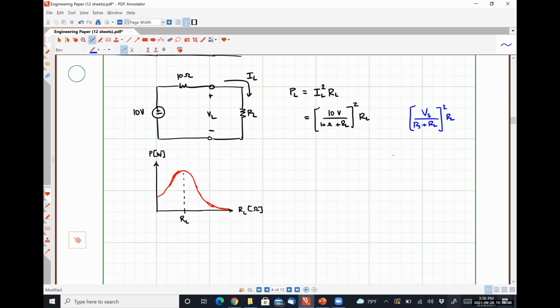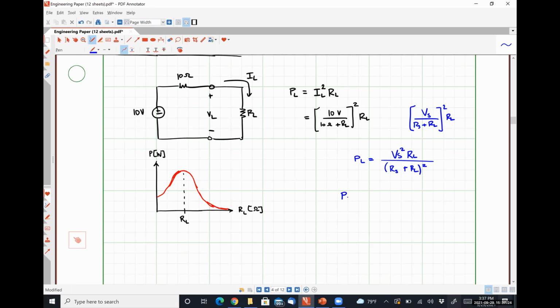We're going to wind up having VS squared times RL divided by RS plus RL, quantity squared. This is our power that we're trying to maximize. So the suggestion is we take the derivative of this and set it equal to 0, right?